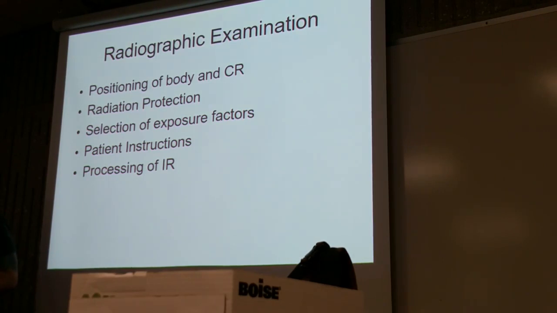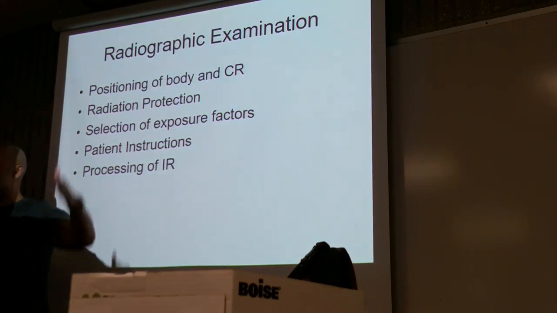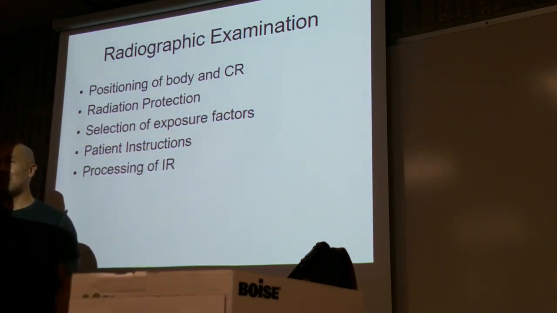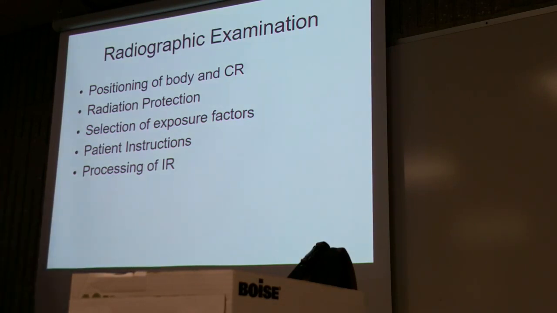So where you have 100% intensity of that beam is in the center, therefore it's called the central ray. And it's that central ray, with the use of light and crosshairs, that we direct into the thickest part of the anatomical structure when we're taking an X-ray.